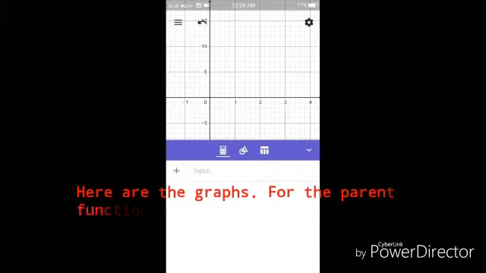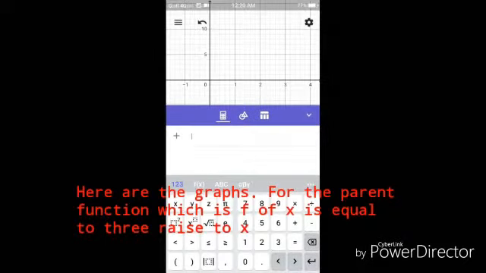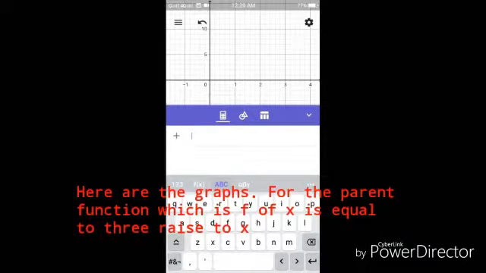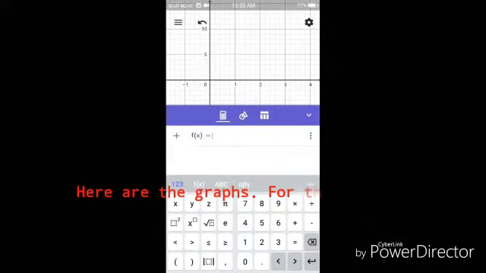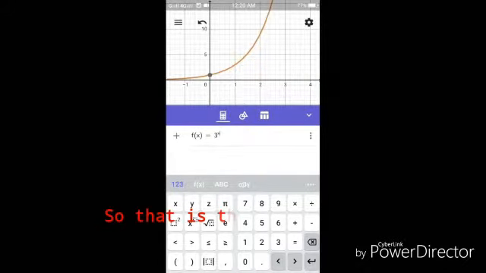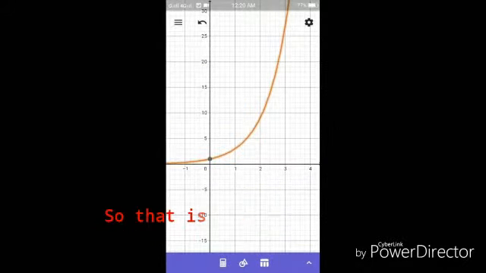Here are the graphs. For the parent function, which is f of x is equal to 3 raised to x, that is the graph for the parent function.